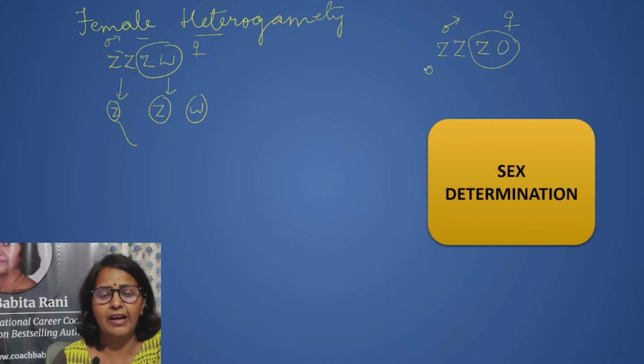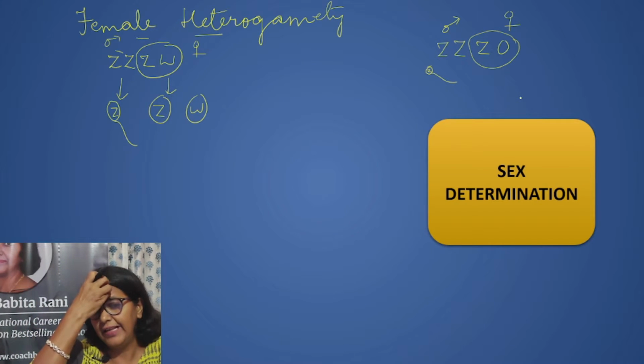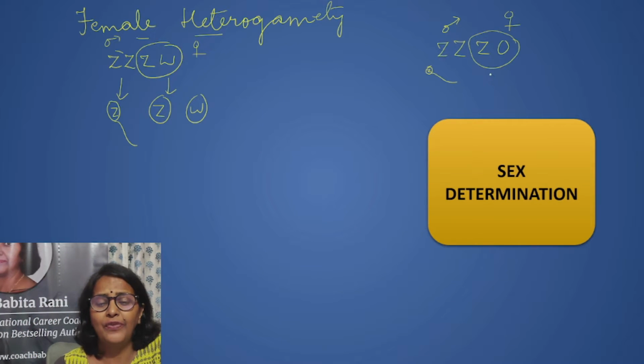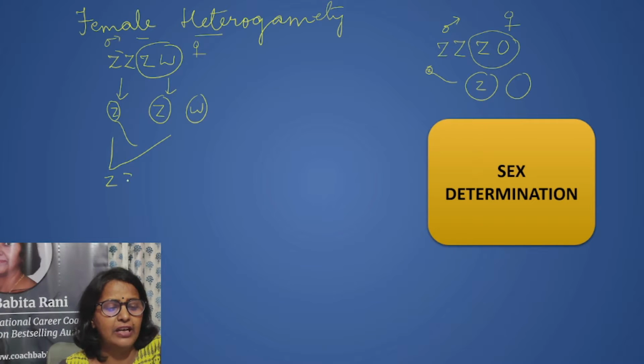Here also we will have only one type of sperm, that will have Z. All the sperms that will be produced will have Z, and here one of the eggs will have Z, the other will not have anything. So in this case, what will happen? If this combines with this, we will have a male. If this combines with this, we will have a female.